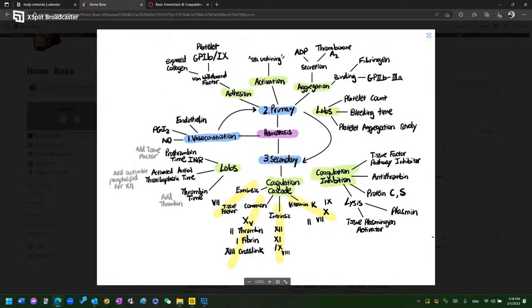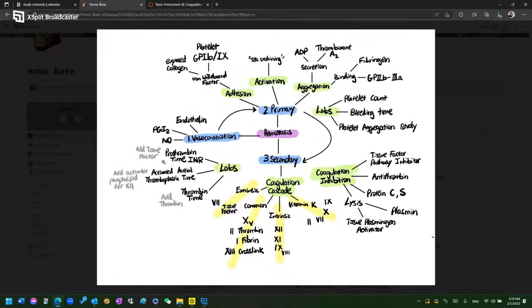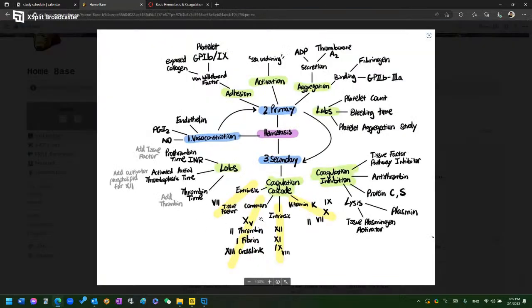You can also do activated partial thromboplastin time, which is when you do 12, which is intrinsic. So APTT. And then there's also thrombin time, which is directly right here, which is common pathway. You're just testing right here.